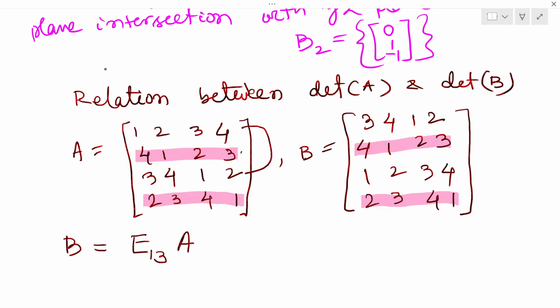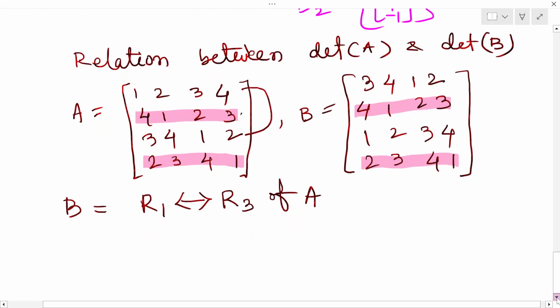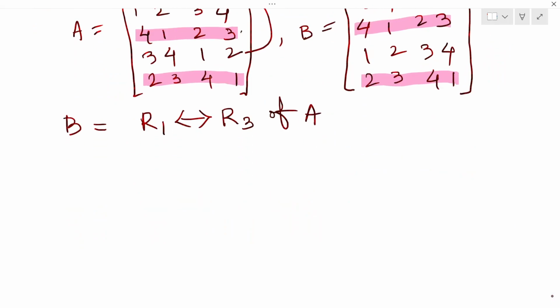So if one row interchange takes place, how will I get my B? R1 interchanged with R3 on A. So if two rows are interchanged in a determinant, what is the relation between the determinants?